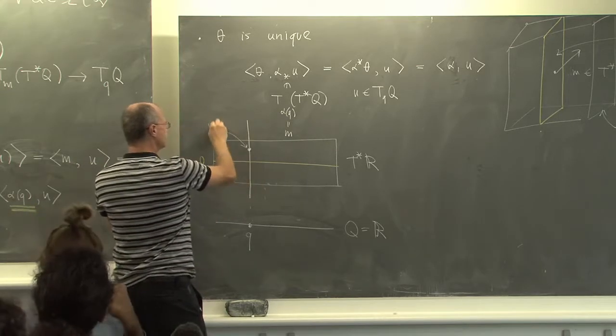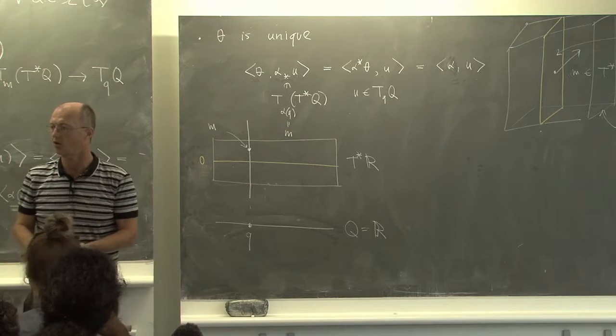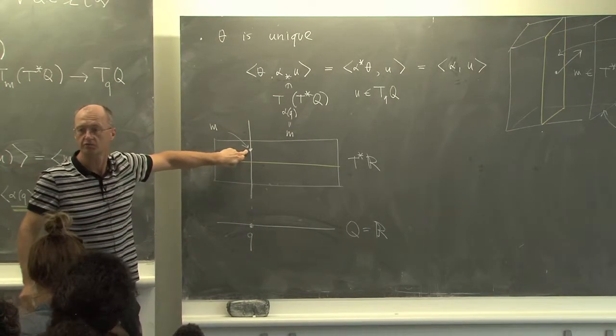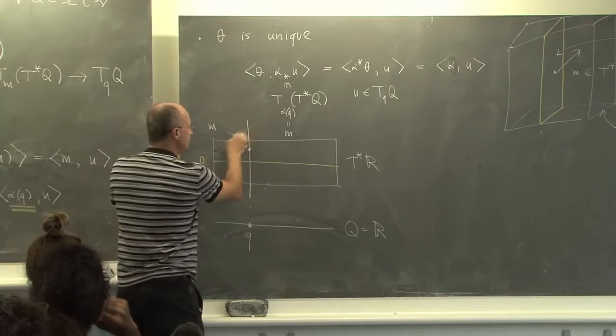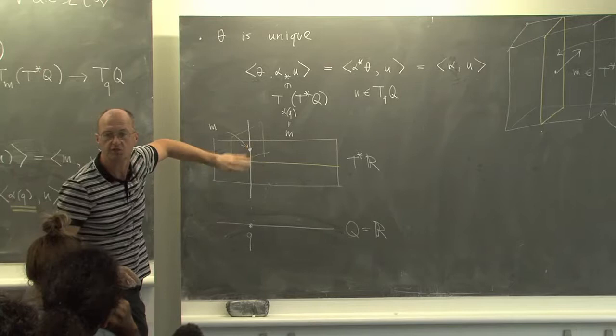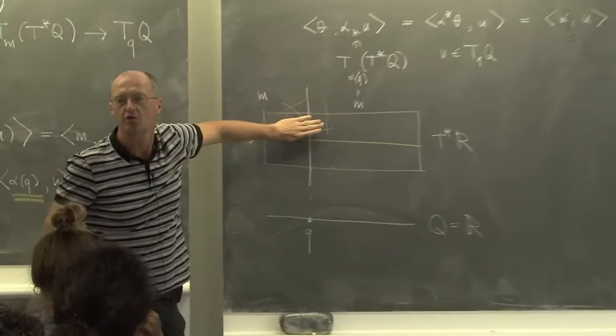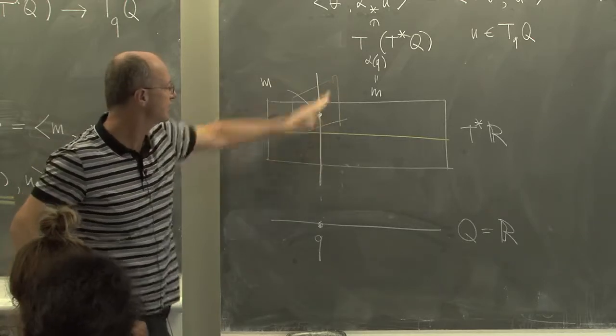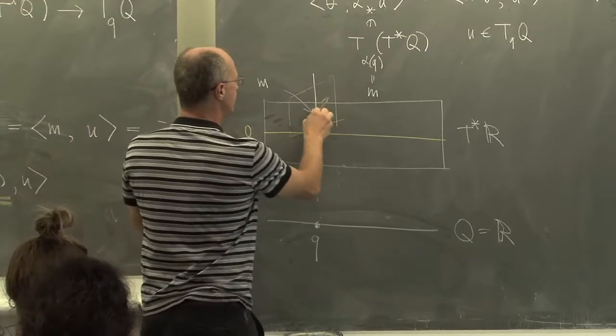It's called M. The tangent space at this point, you can imagine it, roughly speaking, is just, right? There is this tangent plane sitting at this point, and you can think that it's just lying on the cotangent bundle, right? So things here are tangent vectors.